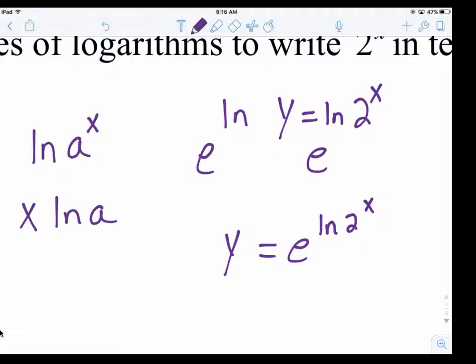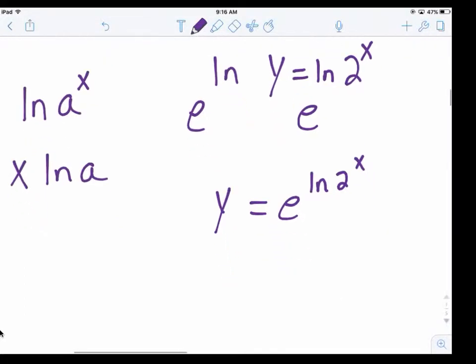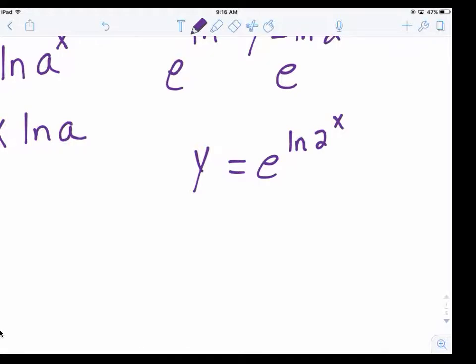That's a property of logs, right? So now I have y equals e to the x ln of 2. Now, ln of 2 is what? So it's a constant, right? It's just a number.